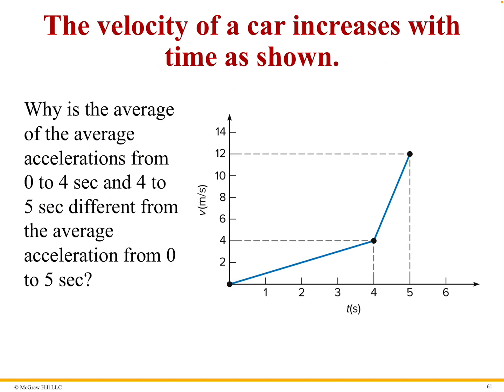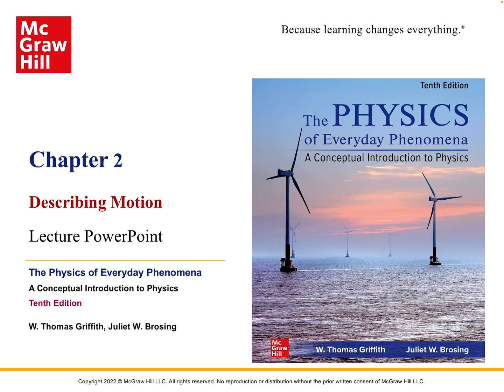This is just showing us the average acceleration. So if you do it between two different points within the graph, it could be different. But overall, it should be around 2.4 between the 2 points that you found.